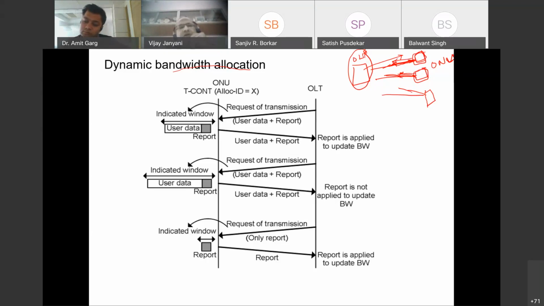That will save you energy and bandwidth also. This is how it is done: the OLT sends data, and then there is a request from the ONU, a request for transmission, and that is how the handshaking takes place. All that is done in dynamic bandwidth allocation.